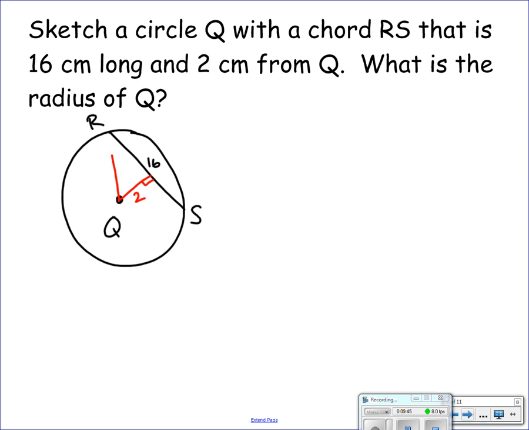What is the radius? X. Well, the radius, or even a diameter, perpendicular bisects this chord, so therefore that is 8.